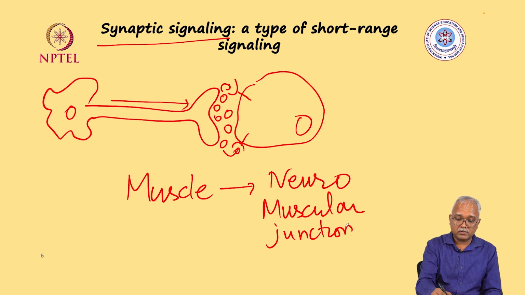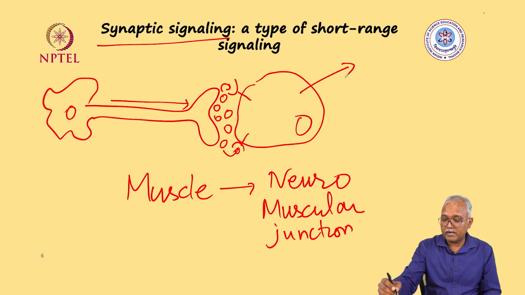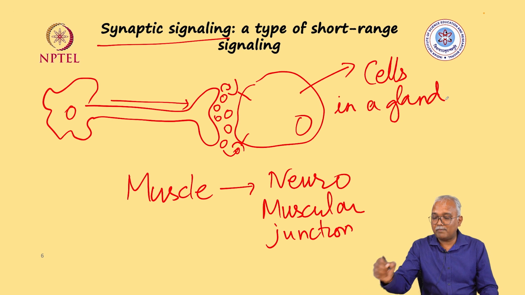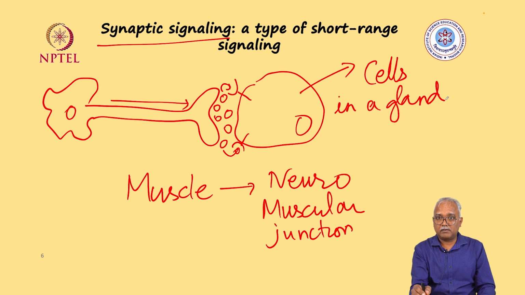Or these neurons can be terminating or forming the synapse with cells in a gland, which will basically give signal to these cells to make secretion. Like when you salivate, basically neurons send signal to the cells in your salivary gland to produce saliva, right?